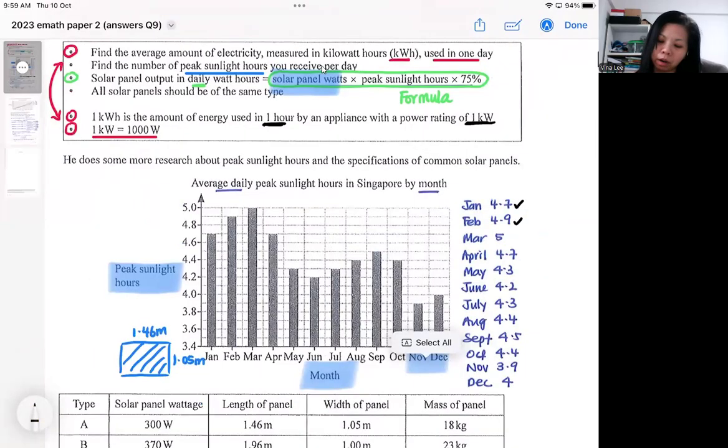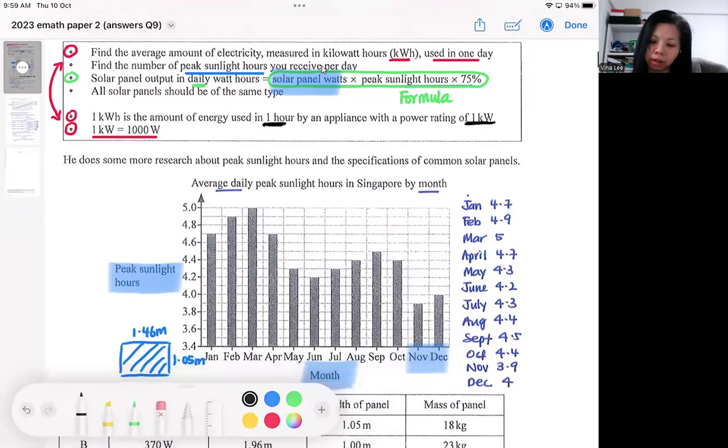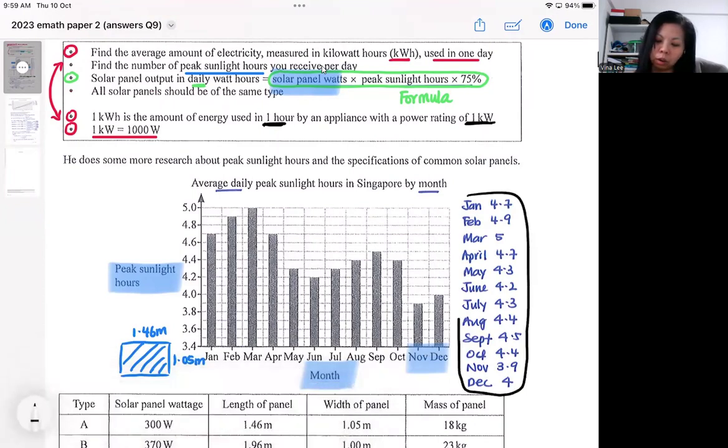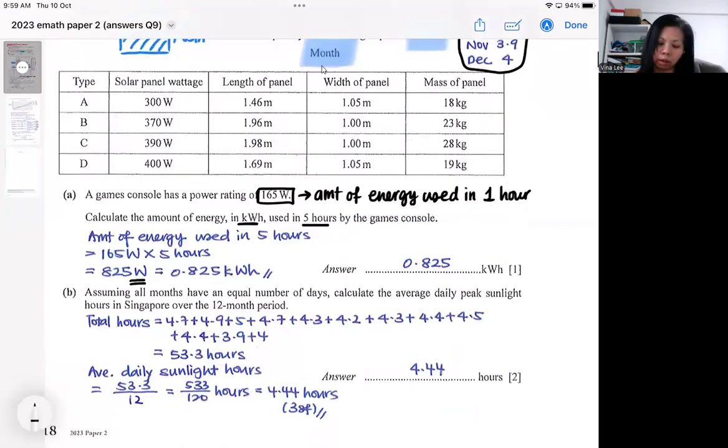To average out, you need to total, so you got to start reading each of them first, and then you get the total sunlight for the 12 months, and then you divide by 12. Totaling up is not difficult. It's just that you got to read and add up one by one. So do take note.